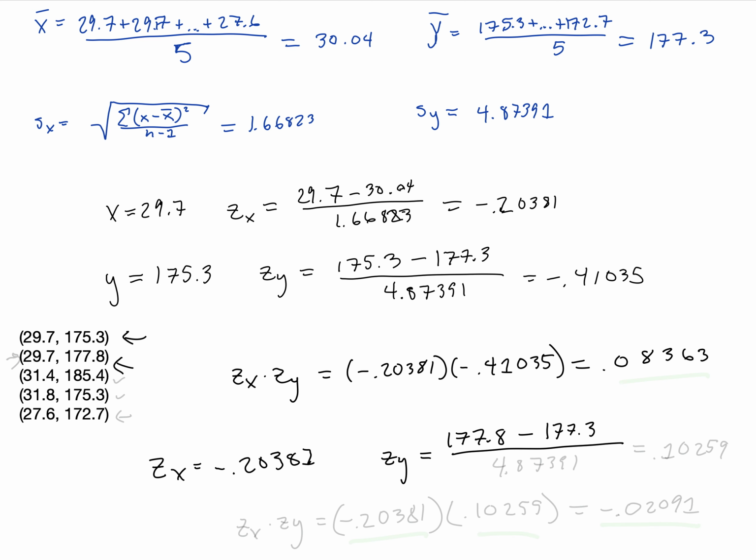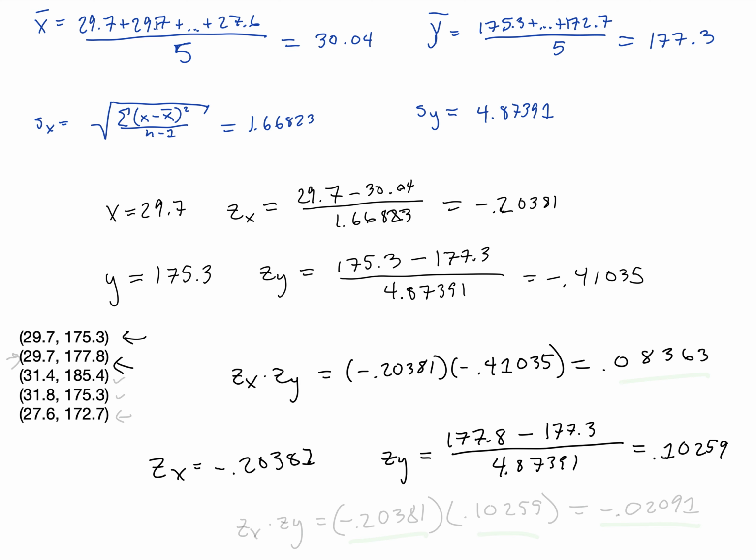177.3 divided by the standard deviation for that set of data, 4.87391. And when we calculate that value, zy is 0.10259.